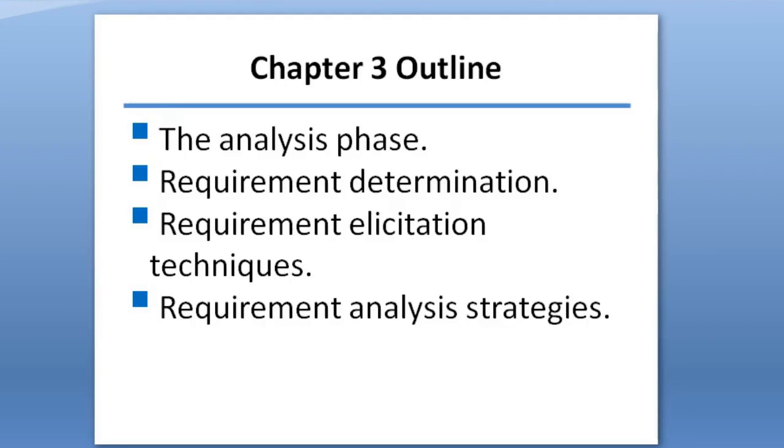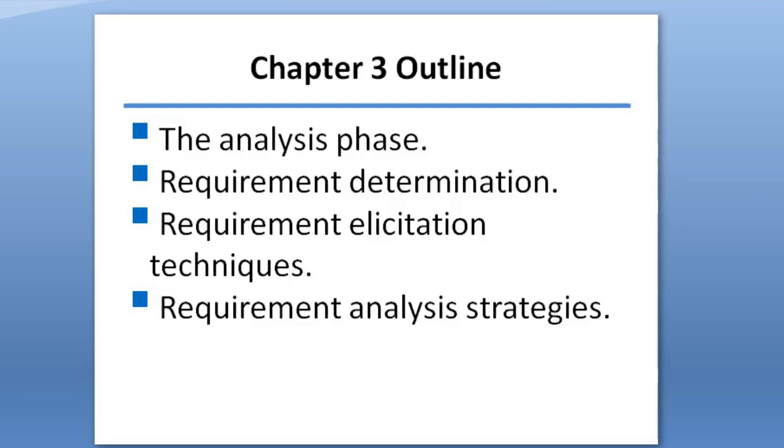The next step, after identifying the problems of the existing system, is to know what the improvements are, what we shall do to improve. Then after that we get the requirements, and here we are talking about requirements determination. This is one of the very important processes in the analysis phase.